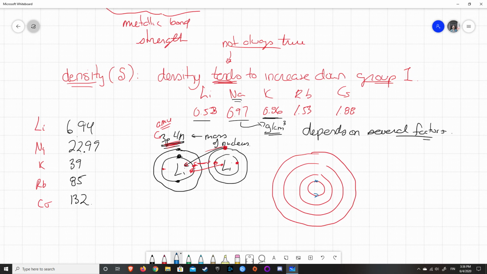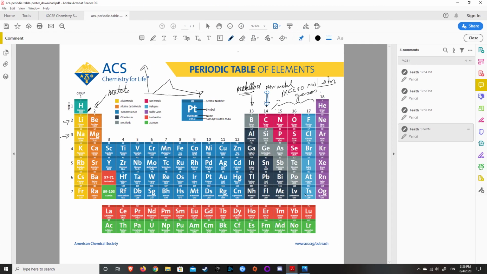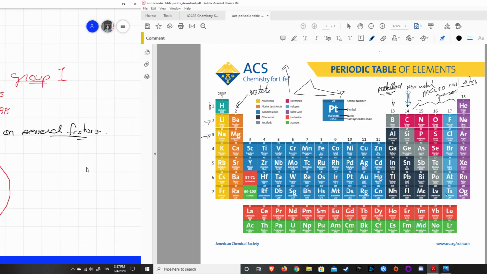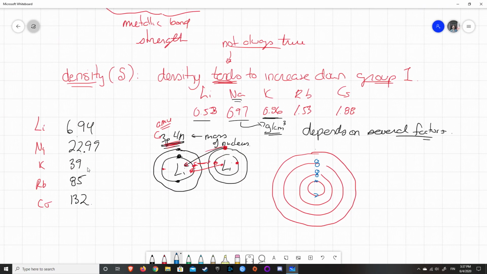It's got 2, 8, 8, 8, 1, and another layer on here too. So if we look at these rubidiums next to one another, these core electrons are going to really push away from neighboring ones. And when they push away, it decreases the density.